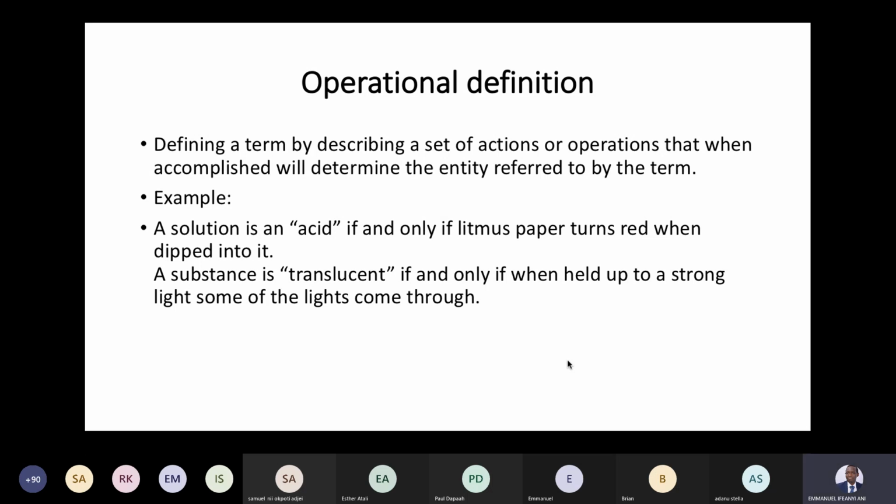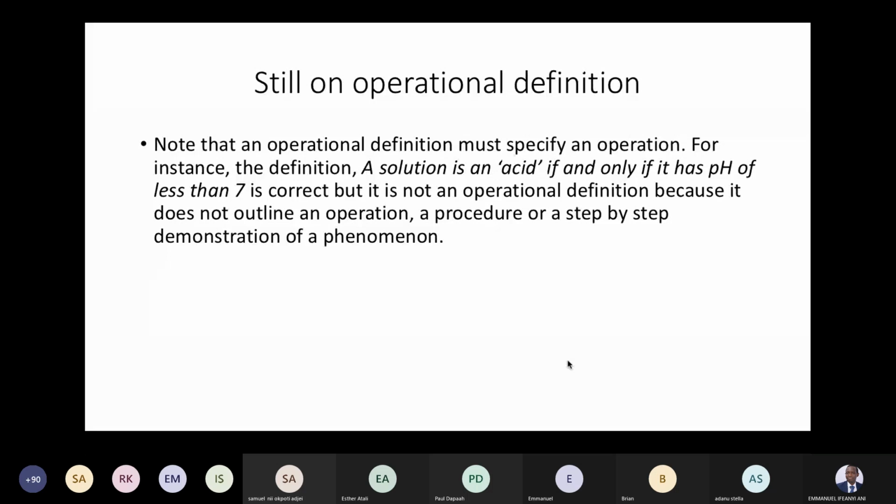The second one, a substance is translucent if and only if when held up to a strong light, some of the light comes through. So that's an operational definition, because the definition reflects some kind of operation that makes the phenomenon possible. And then note that an operational definition must specify an operation.